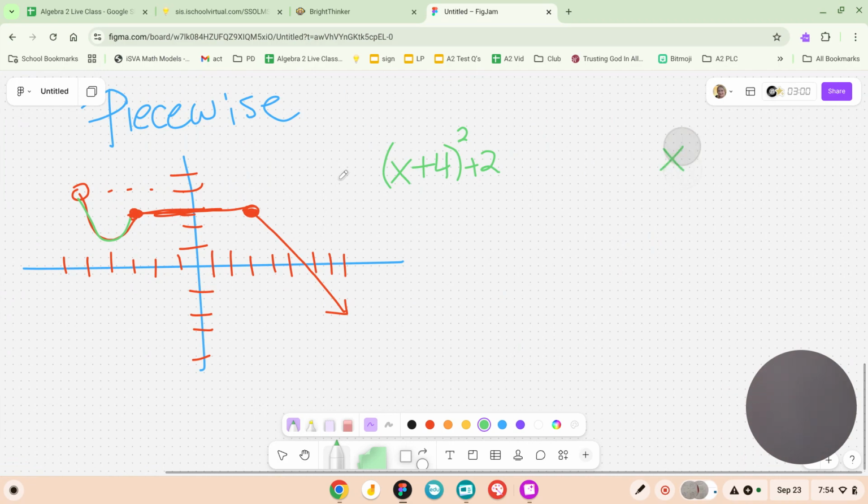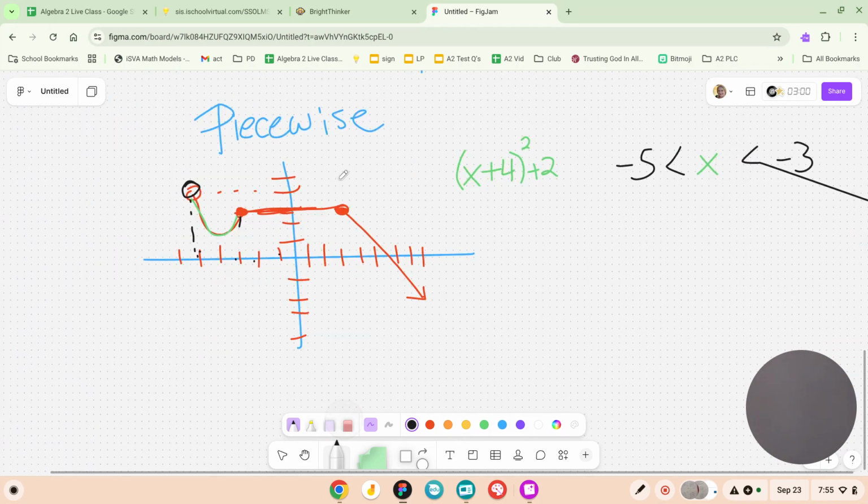You see it along the x between what? It goes from -5, and it stops at -3. Since this circle is open, -5 is still the smallest part, but it never actually achieves -5 because it's an open circle. But at -3, sorry about that. Let me erase that.